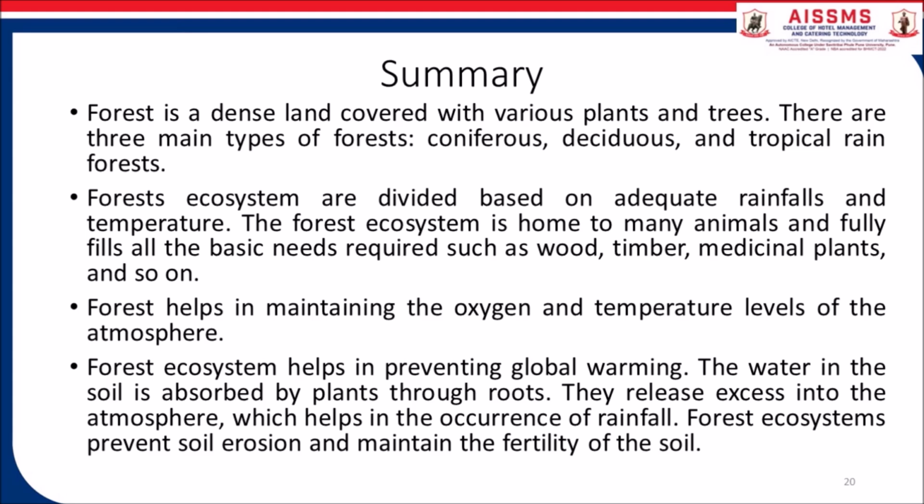It is home to many animals and basic needs are fulfilled such as wood, timber, medicinal plants and so on. Forest also helps in maintaining the oxygen levels and temperature levels of the atmosphere.